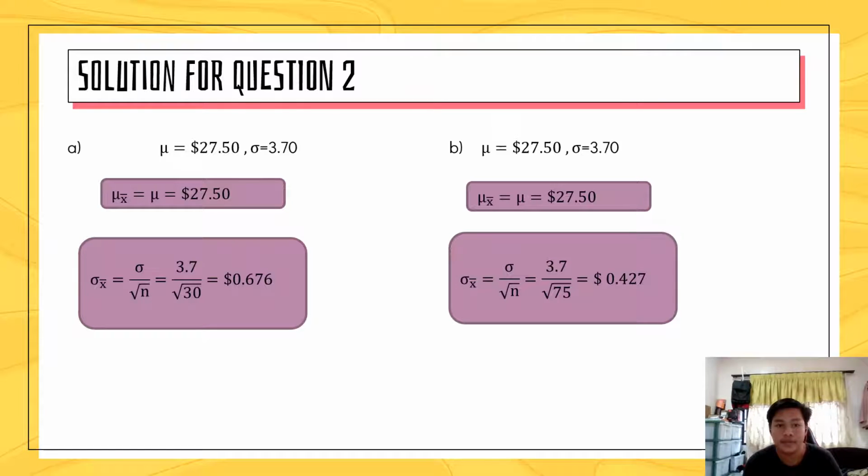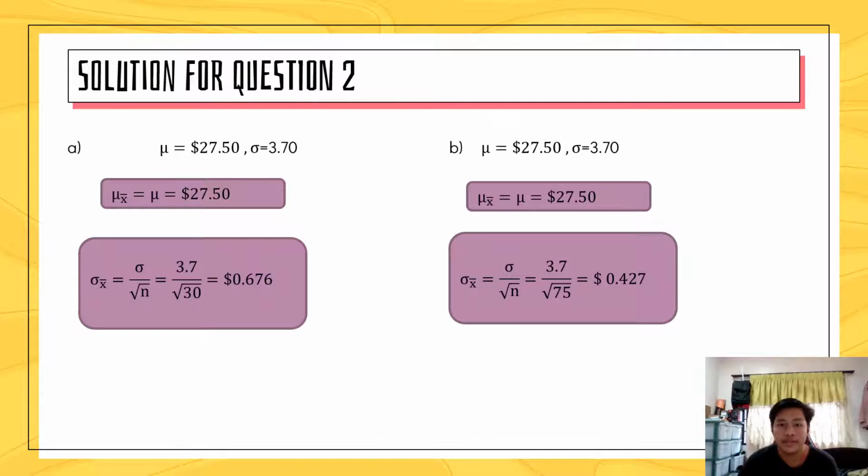So after implementing the formula, we get that the mean of the sample mean is 27.50 and the standard deviation of the sample mean is $0.676 for the sample size of 30.